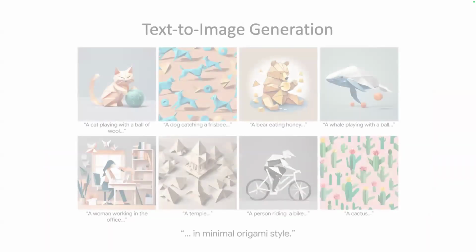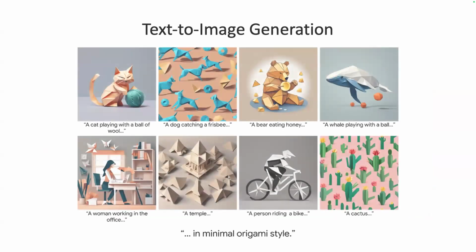But the problem is that this is what happens when we try to do that. Here the style is minimal origami style, but as you can see, we don't really have a common theme. All of the images are aligned with the prompt. In all of the images we see this minimal origami style, but the style does not look aligned between the different images.